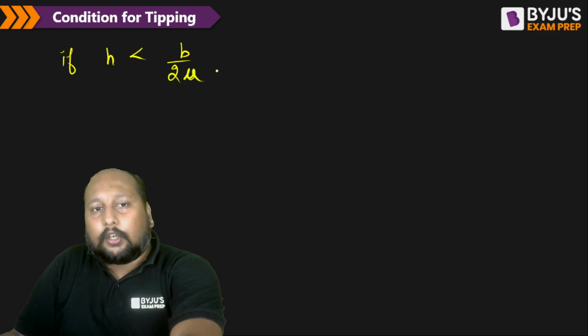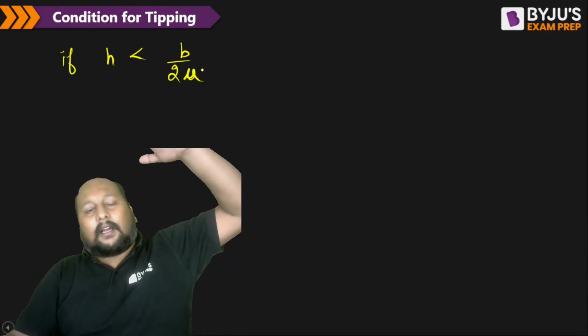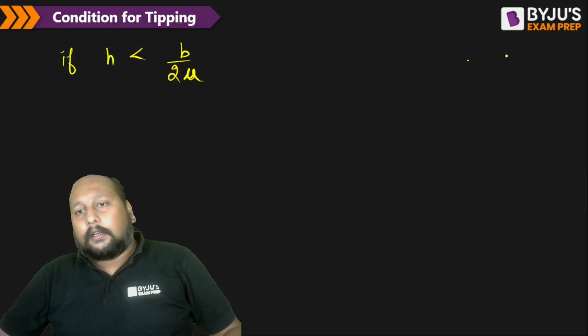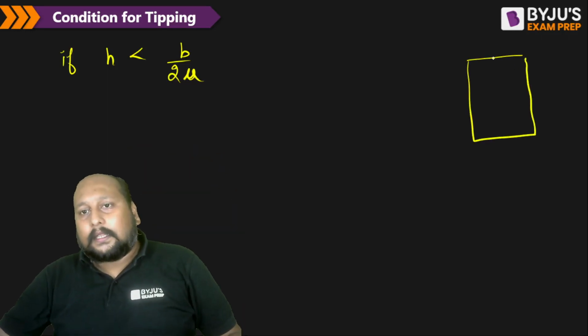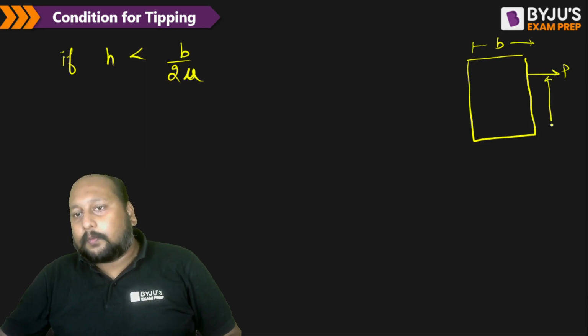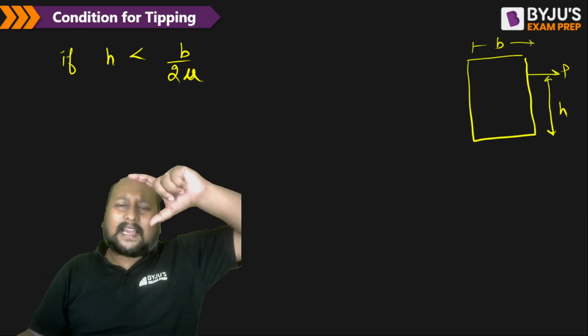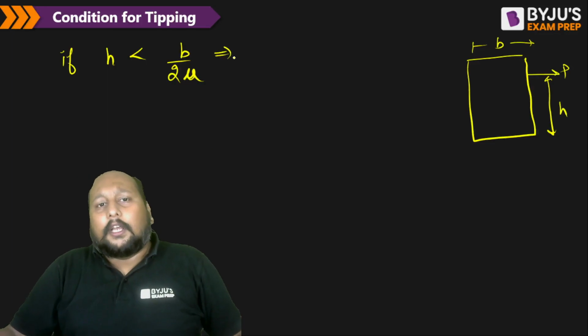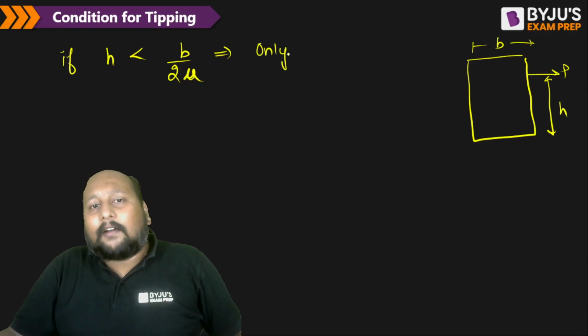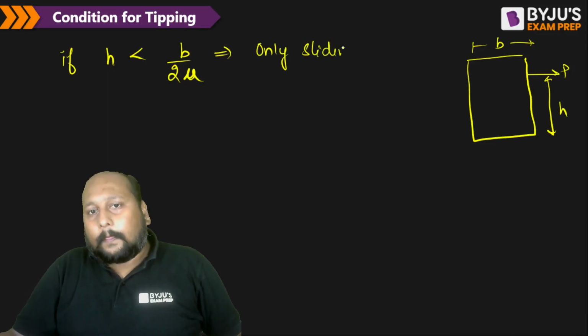That means your height is not sufficient. Let us say this is that same block, this is that width, and this is the height about which the force P is acting. So this height is not sufficient enough. In this case, the body will always have only sliding motion.